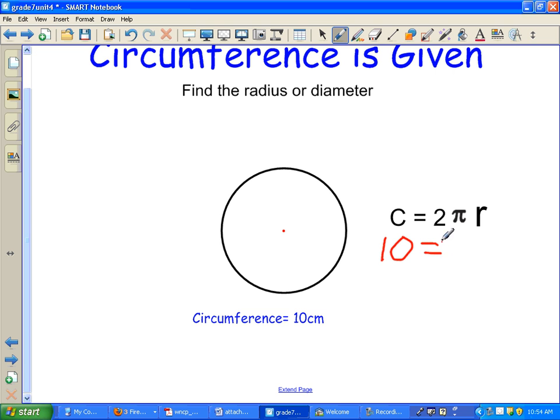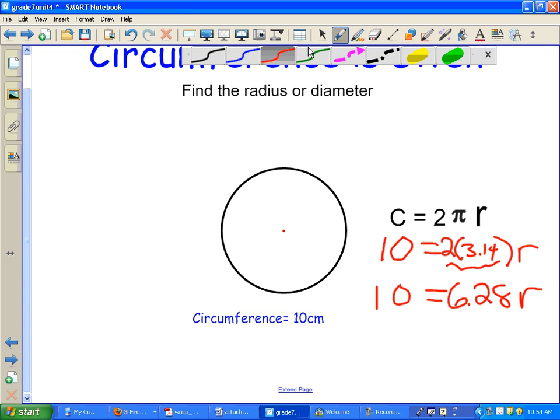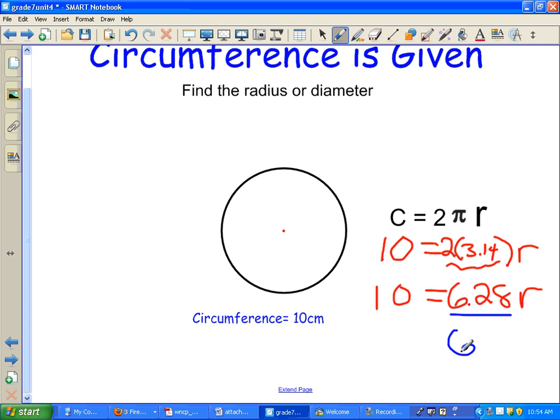And we've got 2 times 3.14 times r. Now if you work that out, 2 times 3.14 is going to be 6.28. And then we've still got r. How do we get r all by itself? All we have to do is divide by what's in front of it.